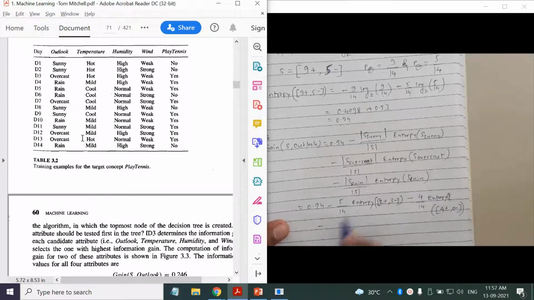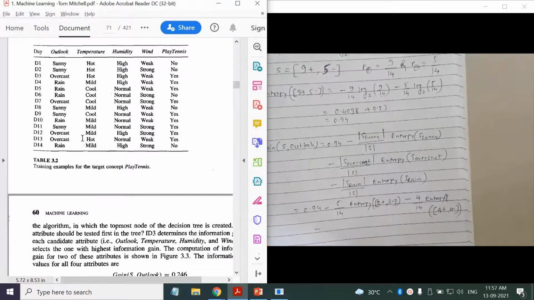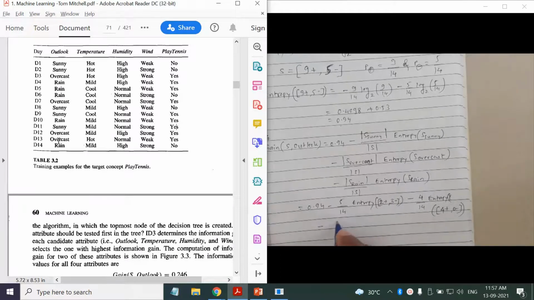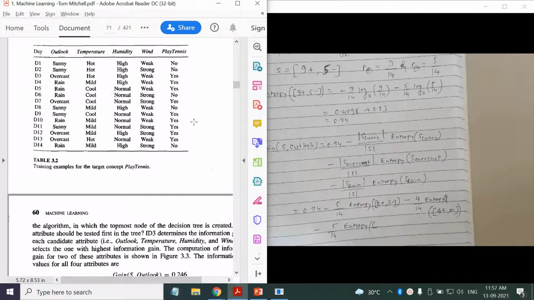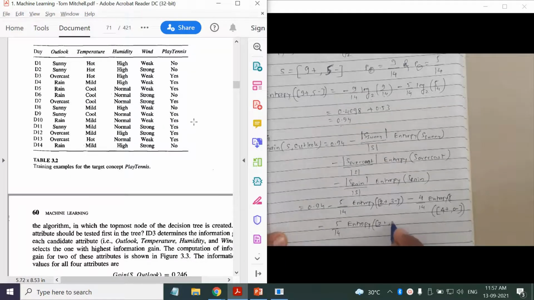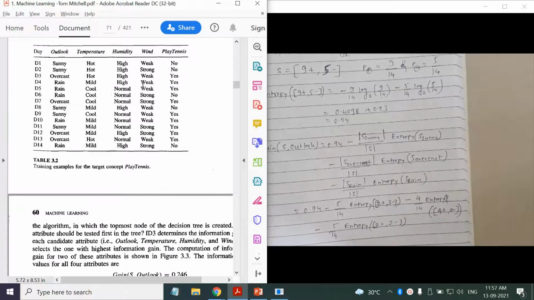Then the final third parameter, when outlook is rain. What is the count? 1, 2, 3, 4, 5. So 5 divided by 14, entropy. And here we have to find out how many in rain are positive and how many are negative.